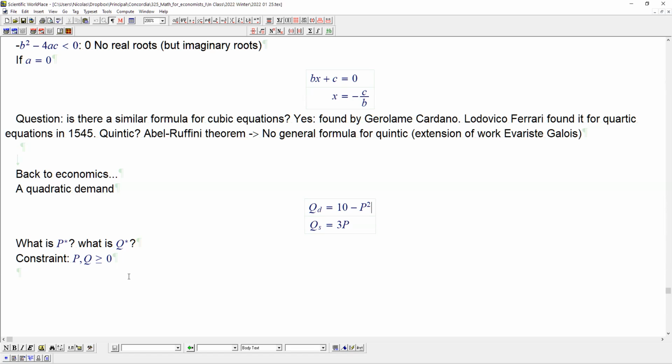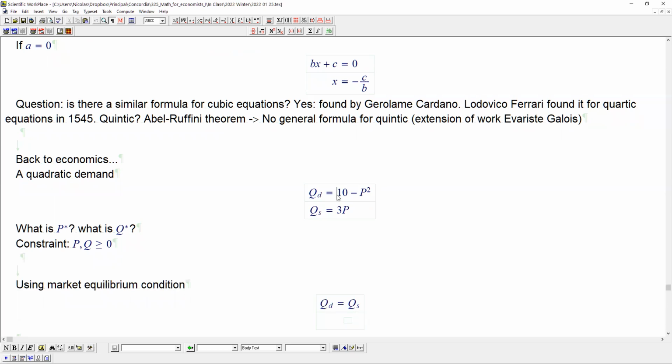So what I can do is, using the market equilibrium condition QD equals QS. So I have that 10 minus P squared equals 3P.